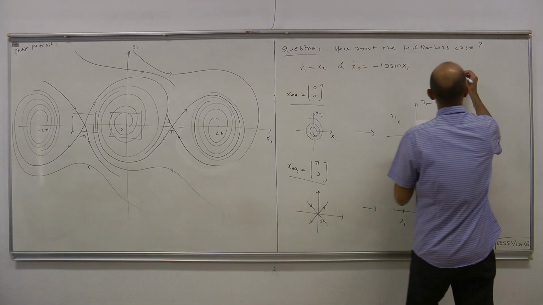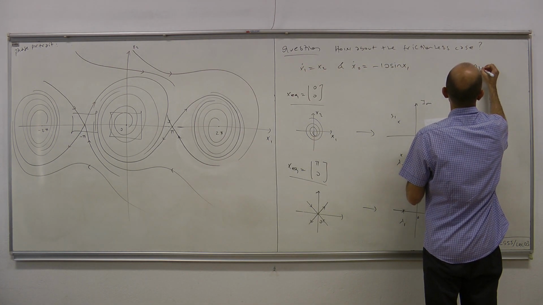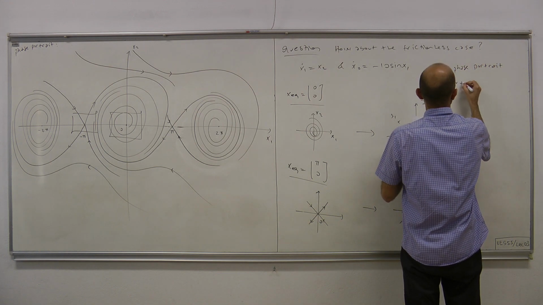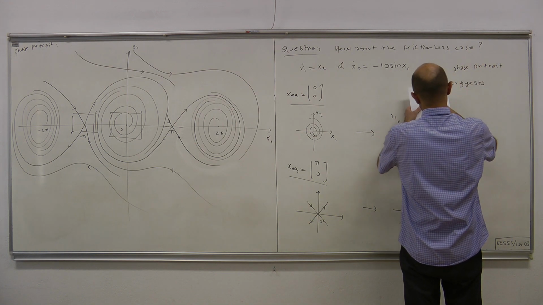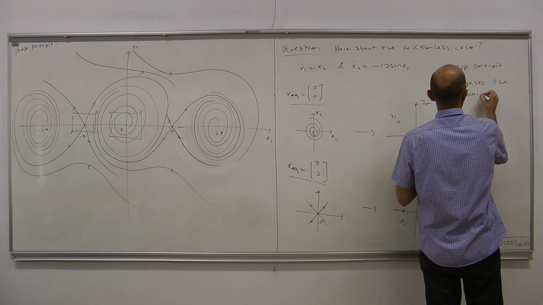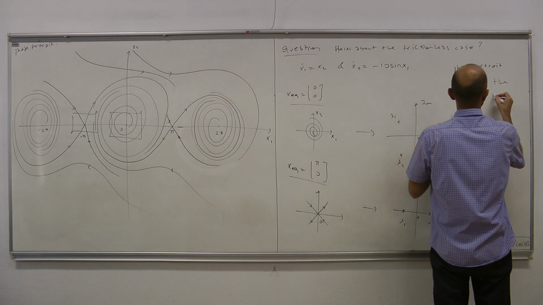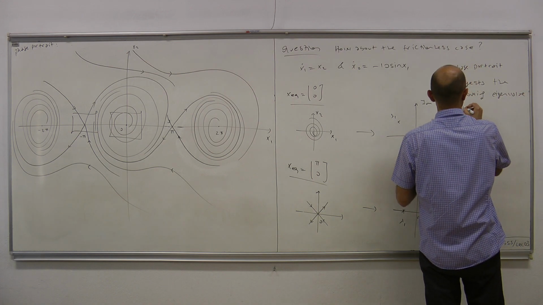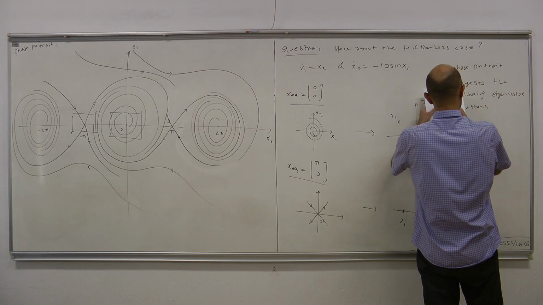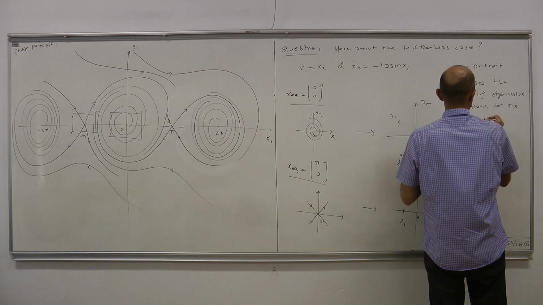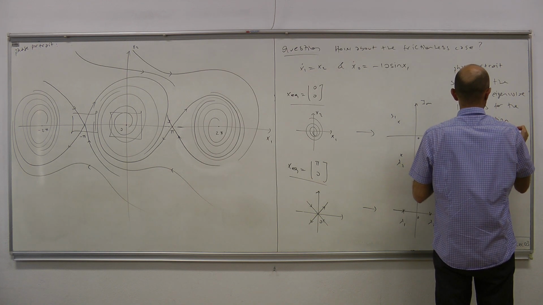Okay. So the phase portrait suggests the following eigenvalue locations for the linearization.